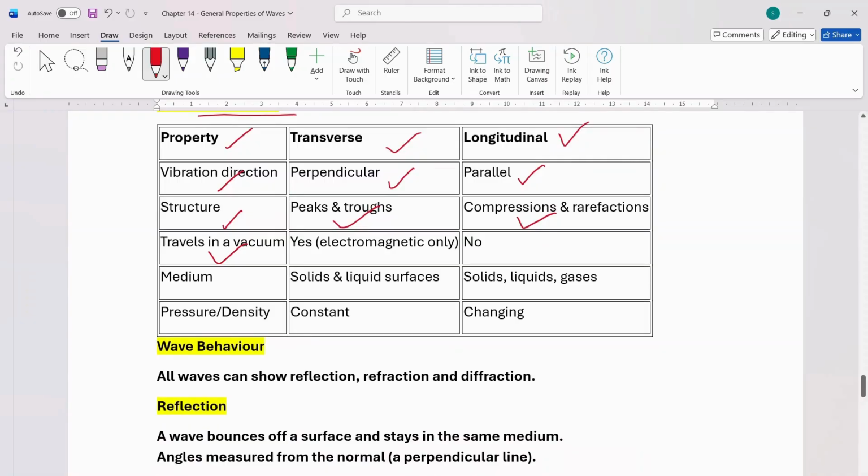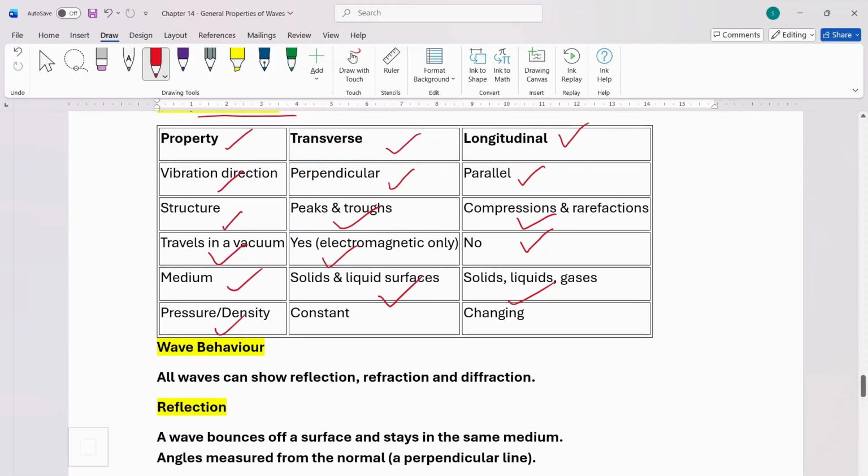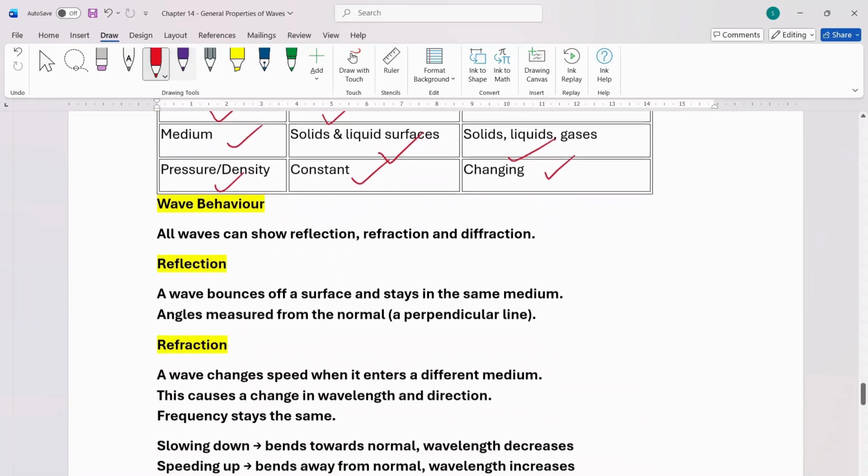Travels in a vacuum: transverse waves, yes, electromagnetic waves only, while longitudinal waves do not travel in a vacuum. Medium: transverse waves travel in solids and liquid surfaces, while longitudinal waves travel in solids, liquids and gases. Pressure and density are constant in transverse waves, whereas in longitudinal waves they change.